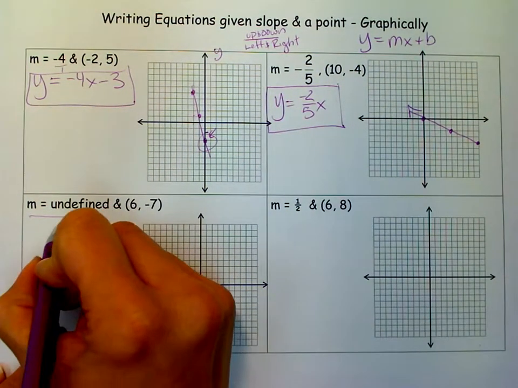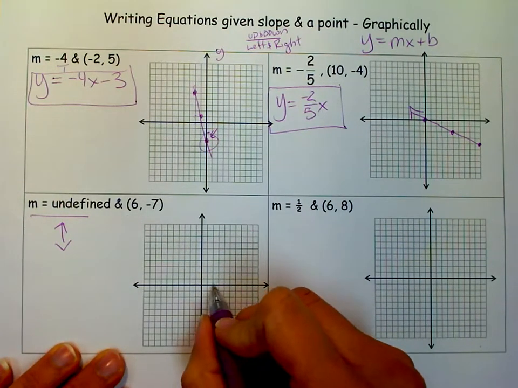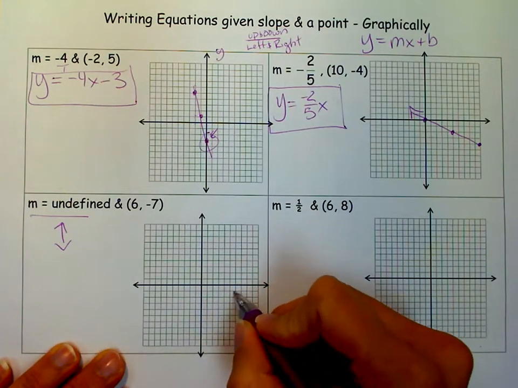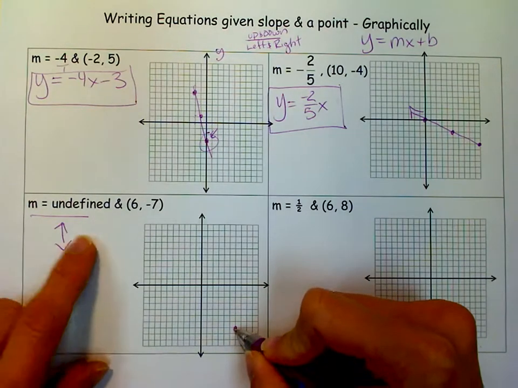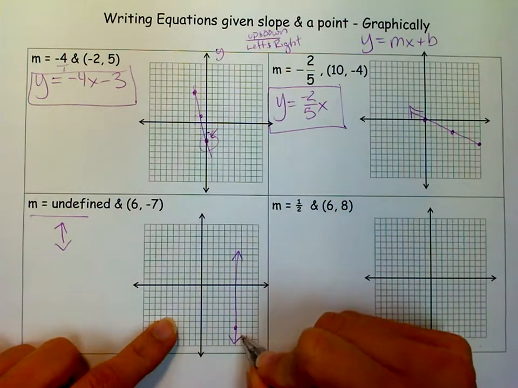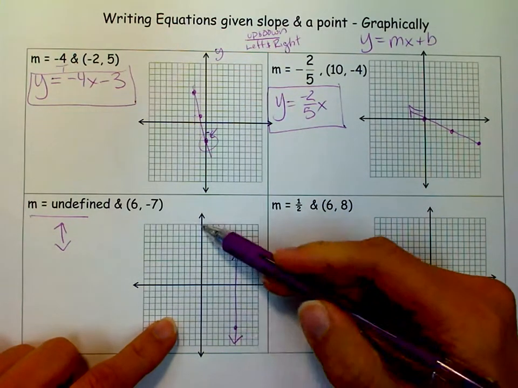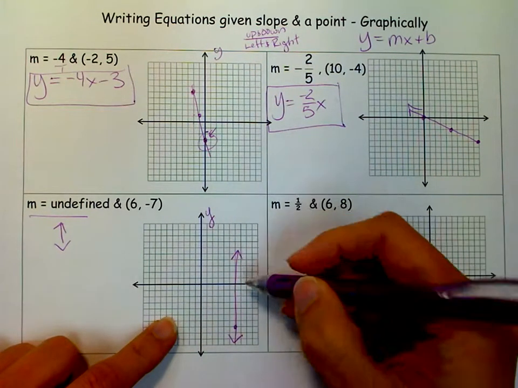Okay, on to this one. When I have an undefined slope, remember, undefined slope means you have a vertical line. So I graph this point, 1, 2, 3, 4, 5, 6, 1, 2, 3, 4, 5, 6, 7, and I know that if it's a vertical line, it's just going to go like this. Now notice, this line doesn't intercept the y-axis. So it has no y-intercept.